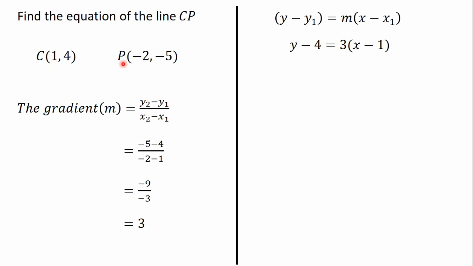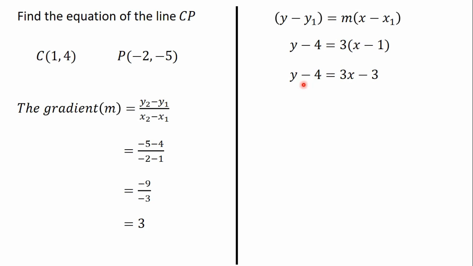Now remember that you can also choose point P as your (x1, y1). In that case, your y1 will be -5 and your x1 will be -2. Here I choose point C, so my y1 is 4 and my x1 is 1. So I have y minus 4 is equal to 3 into bracket x minus 1.